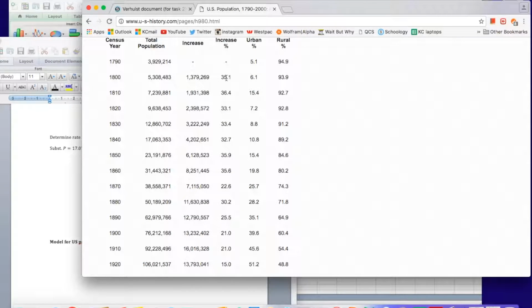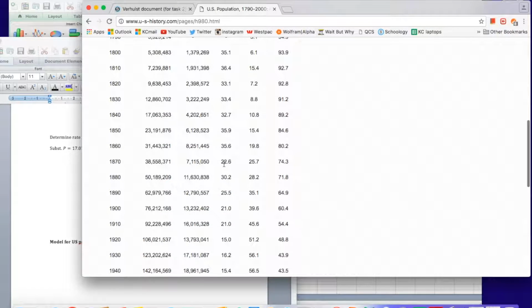Now, if we look within a few decades, say from the year 1790 up until the mid 1800s, we could safely say that the population growth rate is pretty constant, about 3.3% or maybe 3.5.